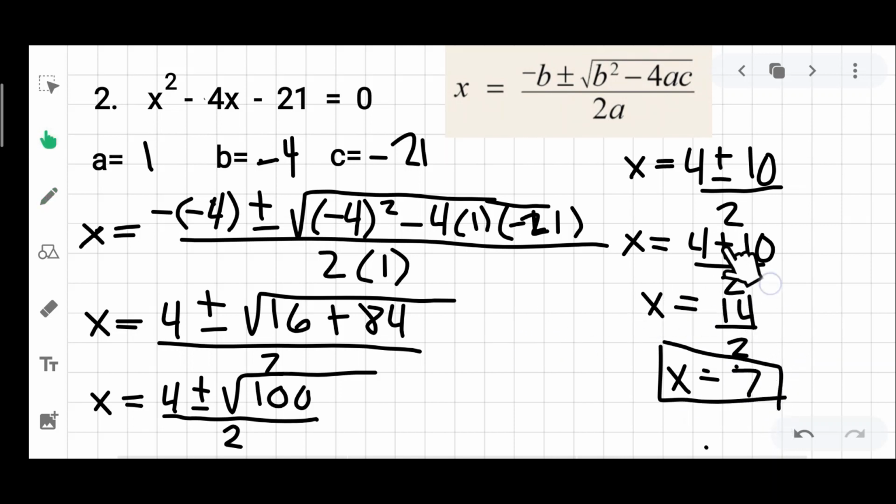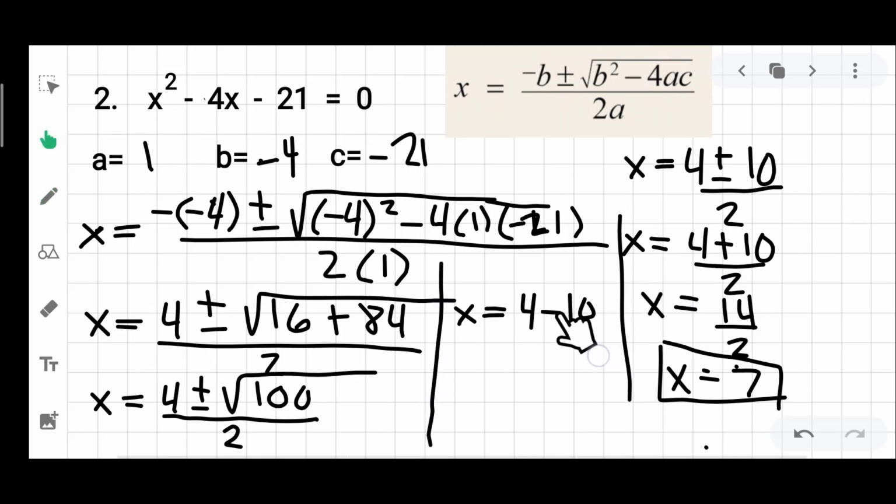Okay, so hanapin naman natin yung isa pang solution. Dito ko ilalagay. So, we have x equals 4 minus 10. Okay, so ngayon, bakit minus naman? Kasi kanina plus yung ginamit natin. Ngayon, minus naman. So, over 2. So, we have x equals.